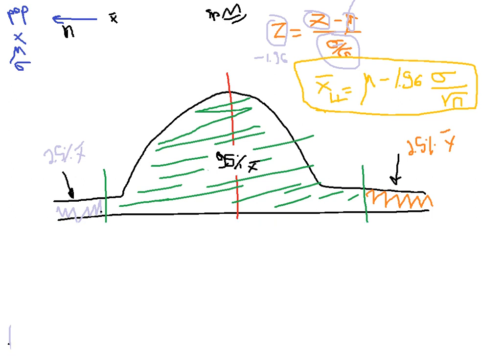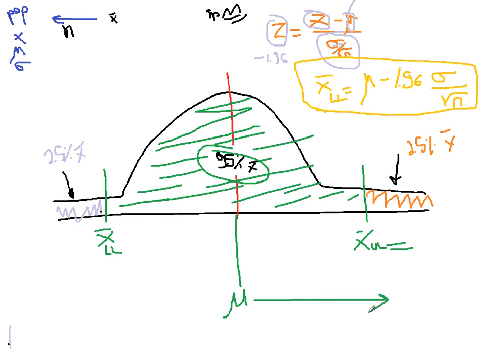So remember, I started off saying that I wanted to find X bar lower limit and X bar upper limit, such that what's in between is 95% of all the X bars. Okay, and we found out that for the upper limit you take your mu, which is right here, and you add to it 1.96 sigma over root n, so you get to this point right there.